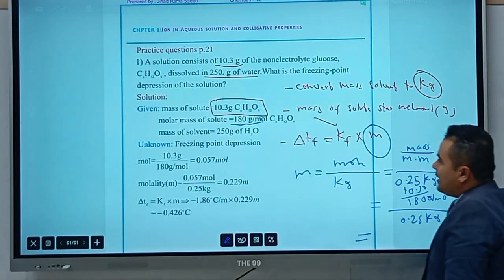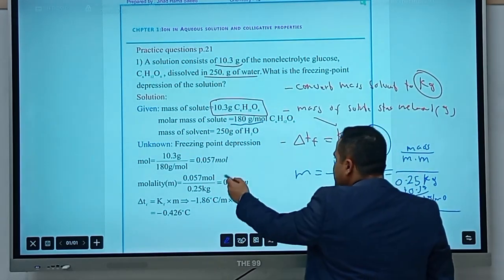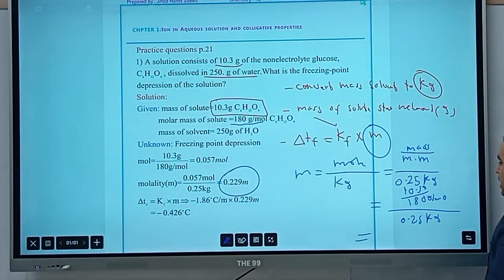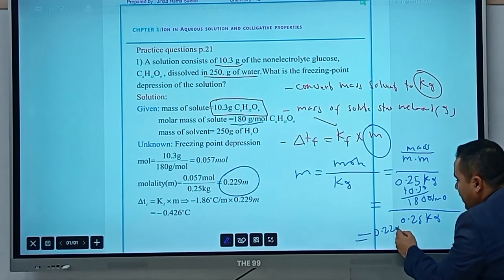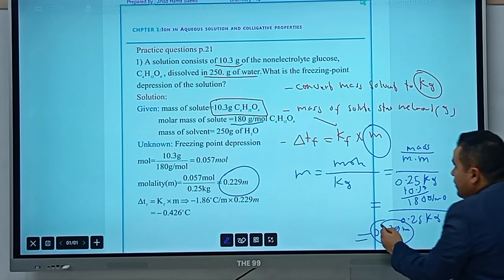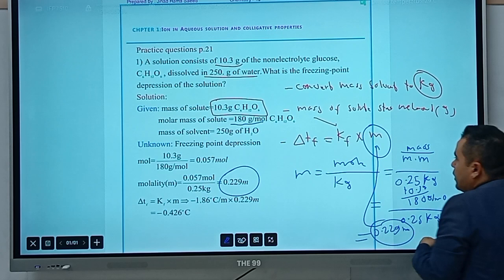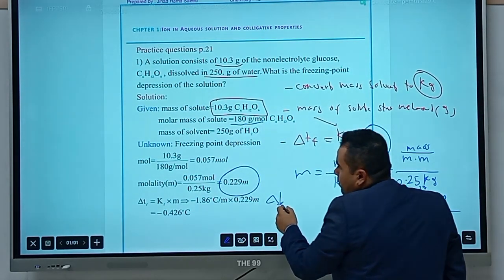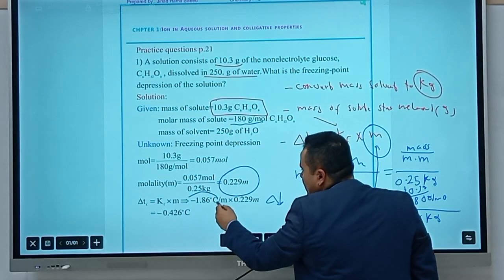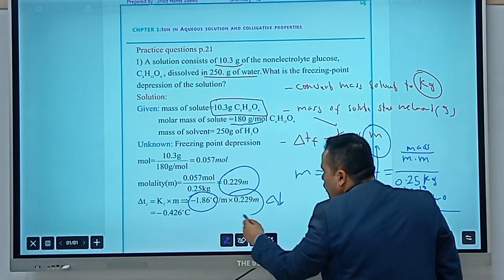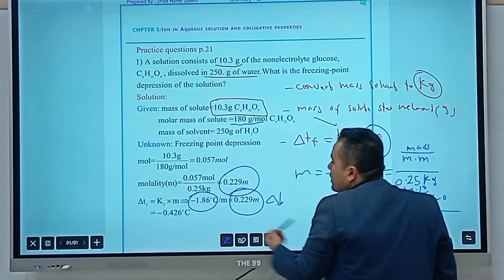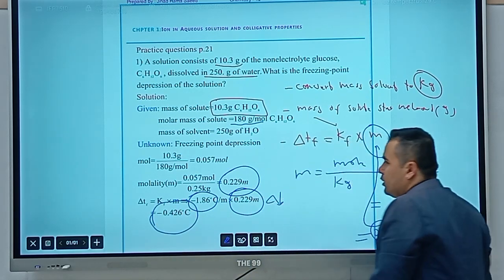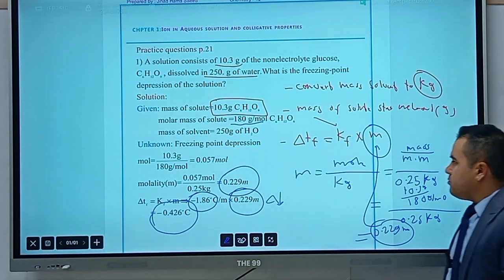This results in the molality, which is 0.229 molal. The 0.229 can be substituted here to solve the question, multiplied by what? By 1.86. Multiplying 1.86 by 0.229 gives the freezing point depression, which is minus 0.426 Celsius.